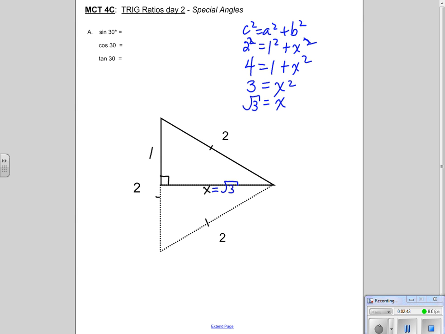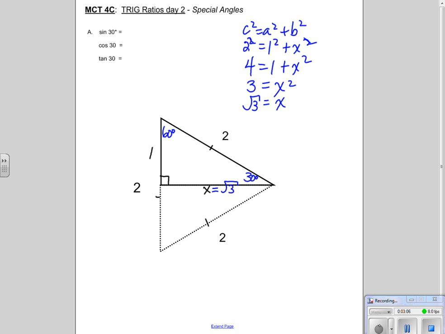I know that the formerly large triangle had angles of 60 degrees in every corner, so this angle is 60 degrees. Since I've cut the large triangle in half to just consider the top half, this angle will be 30 degrees. So I have all of the data that I need for that top triangle to write my ratios. Sine of 30 degrees.